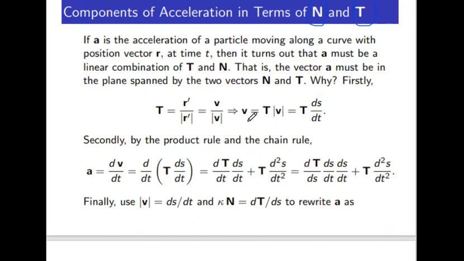This makes sense. The magnitude of velocity is the speed, ds by dt.